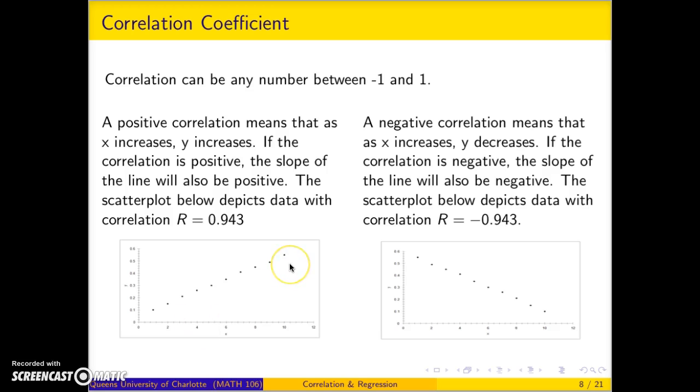A negative correlation is a negative slope, so just the opposite, just like this example. An example of negative correlation may be the amount of alcohol before a test. If it's a lot, then the scores will be lower.